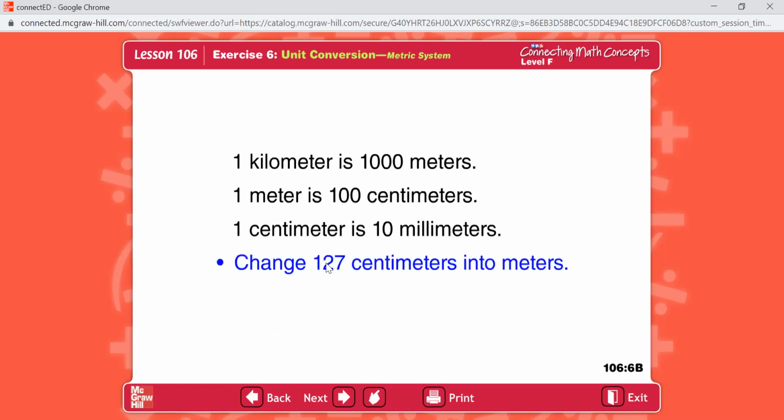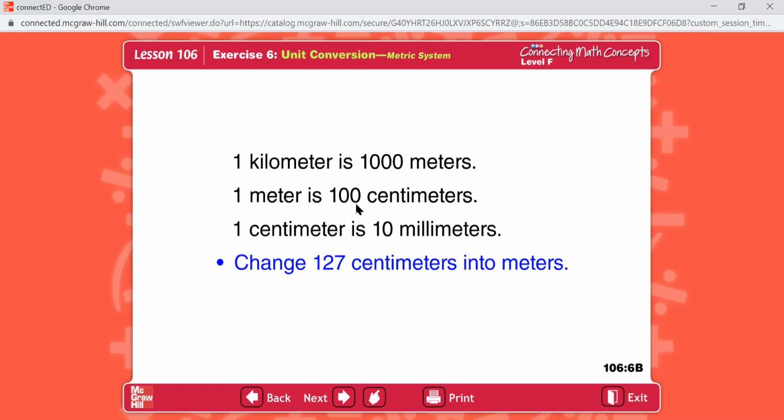Now, change 127 centimeters into meters. There are more centimeters than there are meters, meaning you're going to divide. You're going to divide by 100.